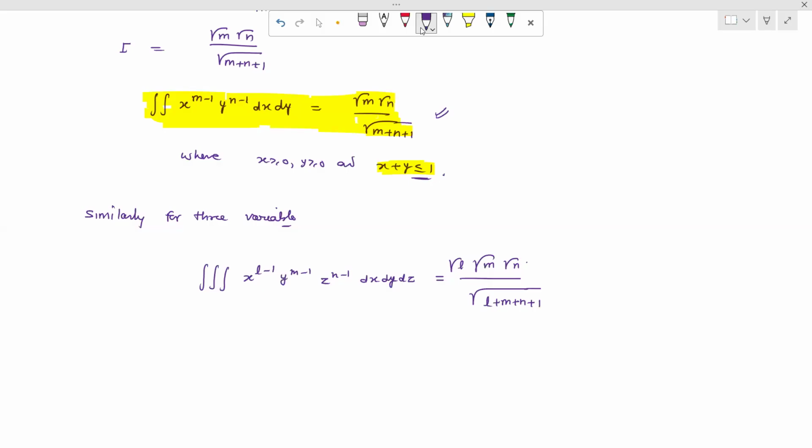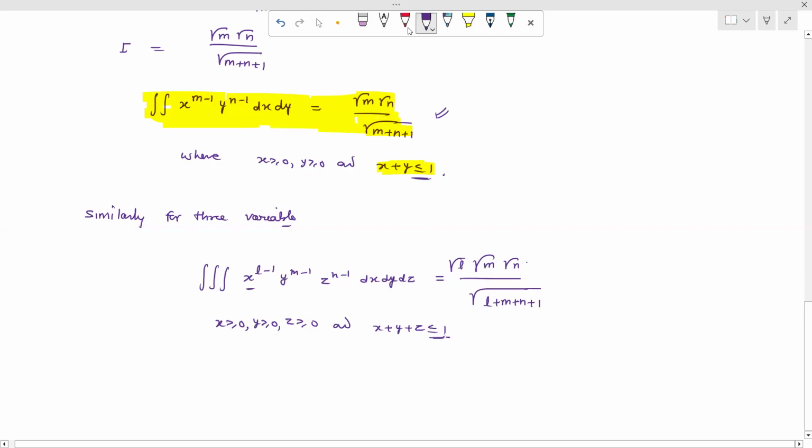So we just extend the formula also. So we have two variables m and n, so we have a gamma l also in this. So we extended gamma l, gamma m, gamma n upon gamma (l plus m plus n plus 1). So this is for the three variable case. So in three variables, we have the conditions x, y, z all are positive, and x plus y plus z less than or equal to 1.